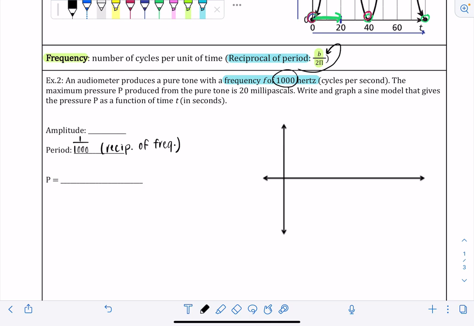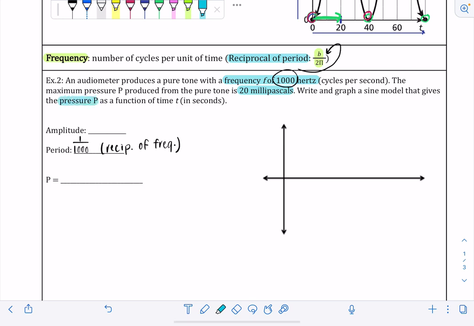Okay, and then amplitude. It doesn't say amplitude anywhere in the problem, but there's one other piece of information in the problem that we haven't used yet, so we should look there. It says that the maximum pressure P from the pure tone is 20 millipascals. And the problem tells us to write and graph a sine model that gives the pressure P as a function of time.